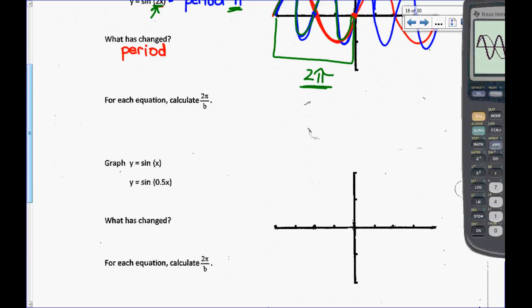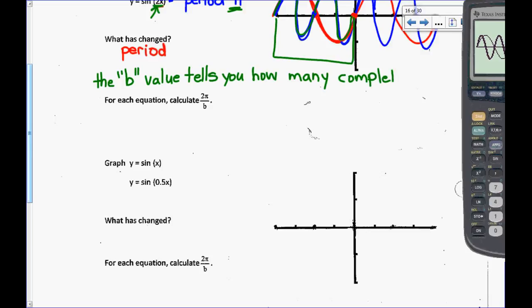Okay, so let's just make a note to ourselves here. The b value tells you how many complete rotations in 2 pi there are.